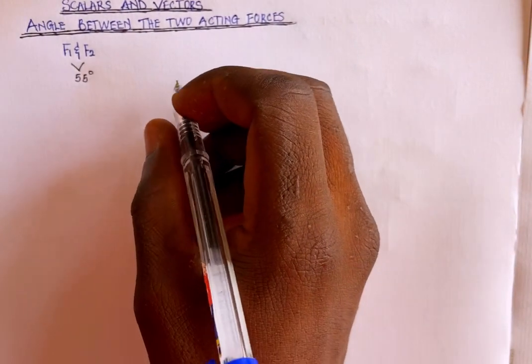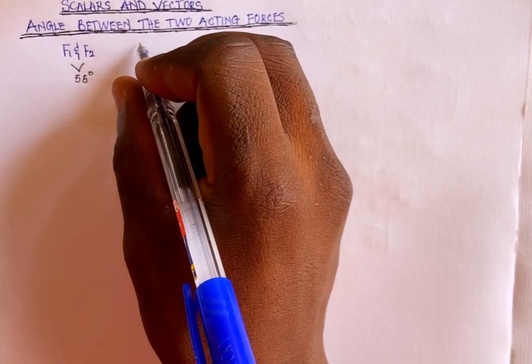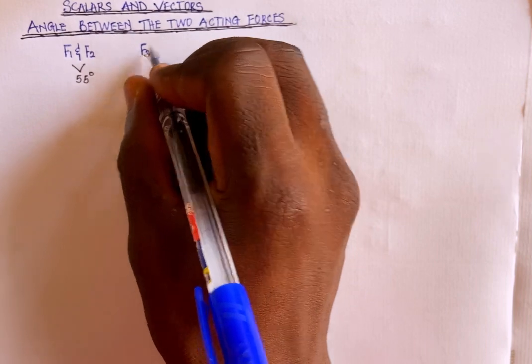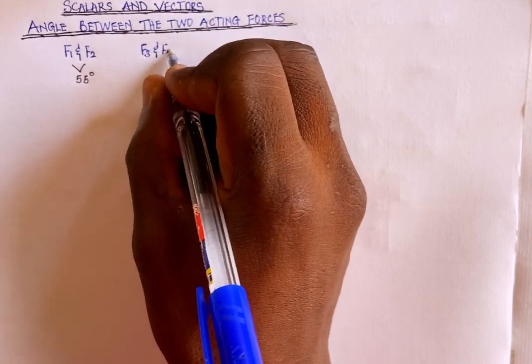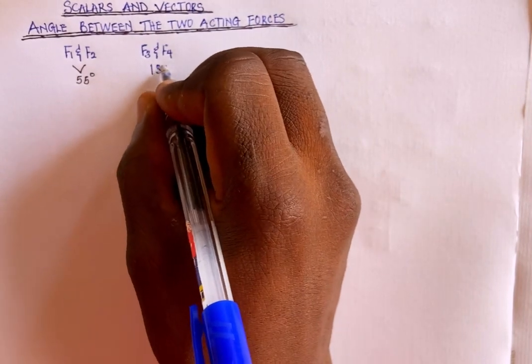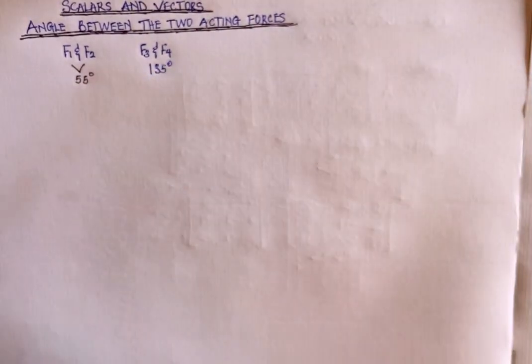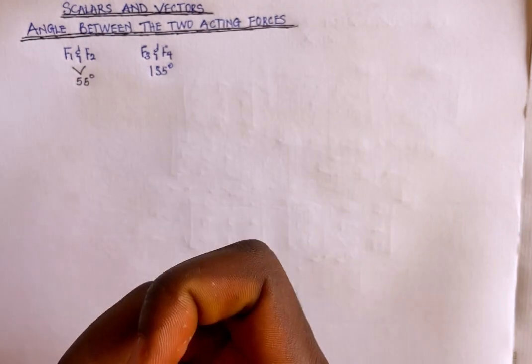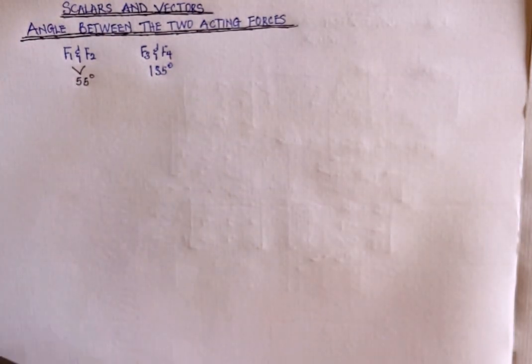Suppose we have another force F3 and F4 acting at 135 degrees to each other. Then how is the diagram going to be? How are we going to sketch the diagram?